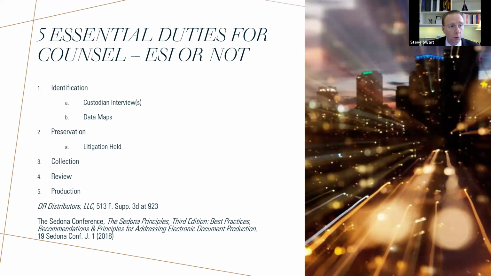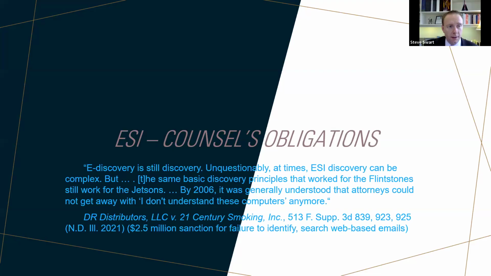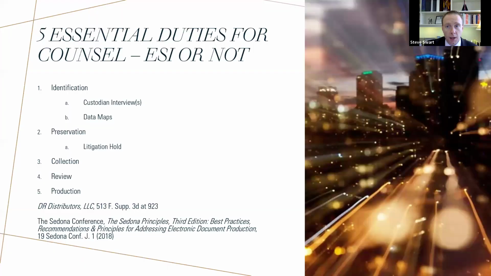This is where your litigation hold comes in. Then collection, review, and production. So remember, identify, preserve, collect, review, produce. As the prior slide said, the same basic discovery principles that worked for the Flintstones still worked for the Jetsons. You've always had to identify, preserve, collect, review, and produce.